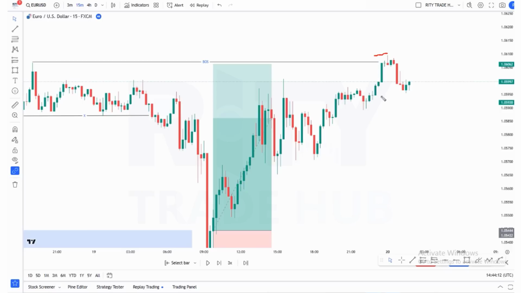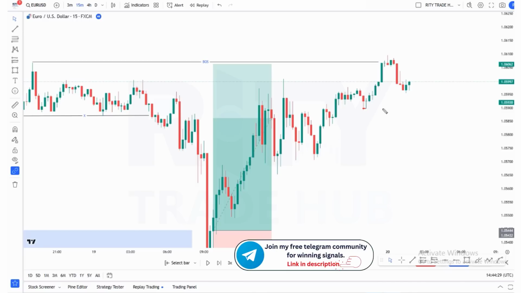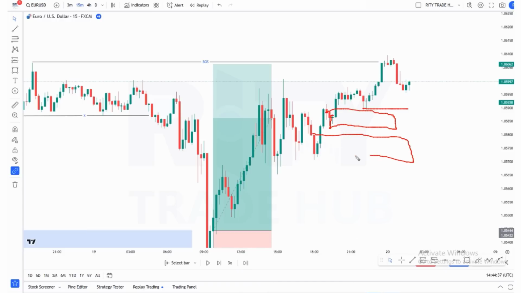Based on this behavior, it indicates that price may likely not react from this inducement zone or from any POI right here. So some traders would mark here as their inducement, and probably identify this as an unmitigated POI, or even this zone as an unmitigated POI for price to react and then buy from, just like we saw in the previous scenarios.